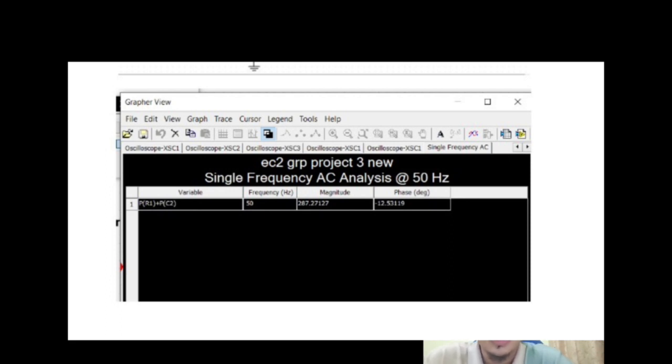We also changed the load from the inductor to a capacitor with value 150.29 microfarad to find the maximum power, which is 287.271 watt with negative 12.531 degree. That's all for me. Thank you.